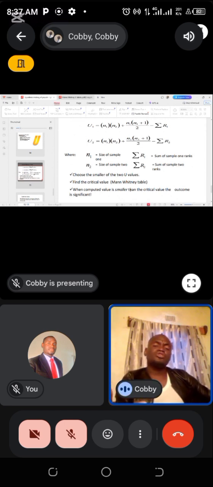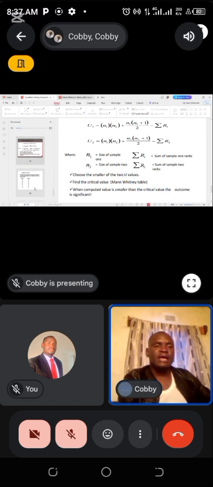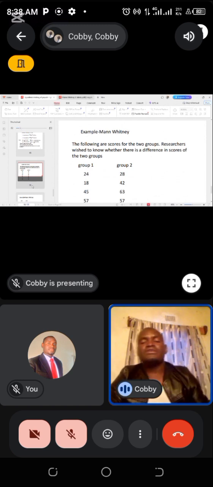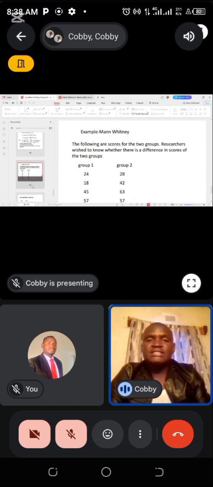So we are going to run through an example of the Mann-Whitney U-test. We have this data as an example. The following are the scores of the two groups. Researchers wish to know whether there is a significant difference in scores of the two groups.